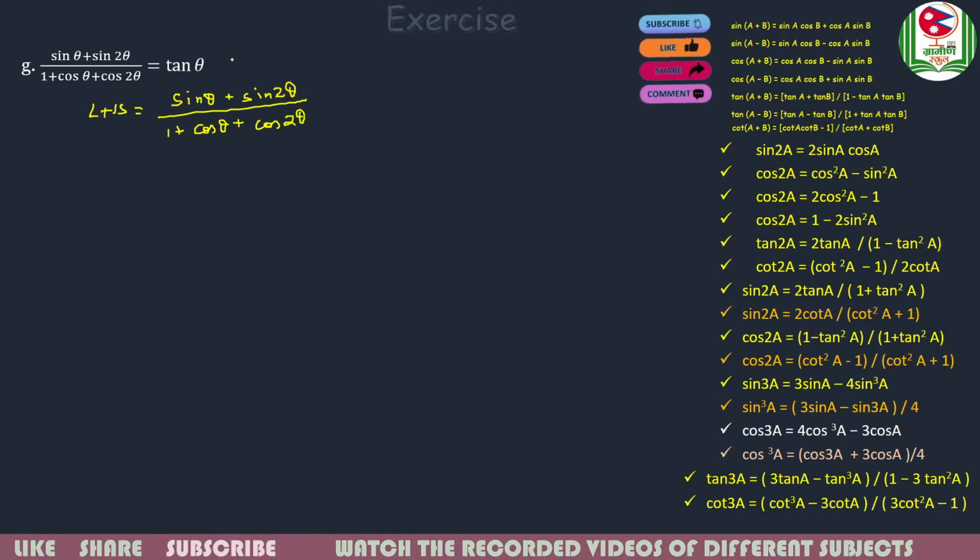So how will you obtain tan theta? As the RHS is tan theta, the numerator must be sin theta and the denominator must be cos theta. Here sin theta plus sin 2 theta, where sin 2 theta can be written as 2 sin theta into cos theta.